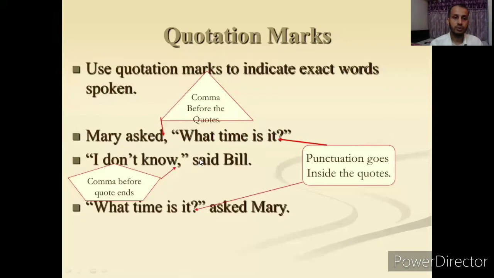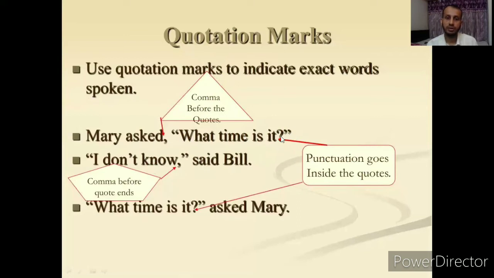I don't know, said Bill. Same example. You can use the speaker at the end of the sentence or at the beginning of the sentence. Dear learners, punctuation marks will always be inside the quotation marks.